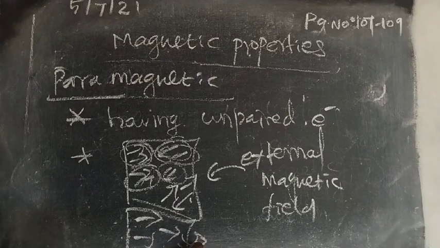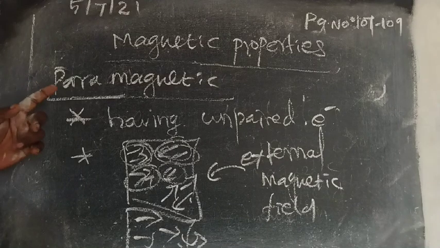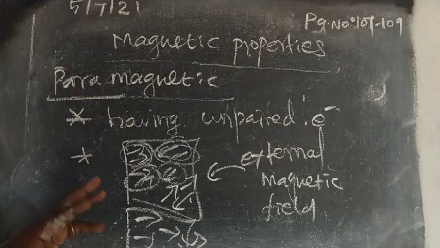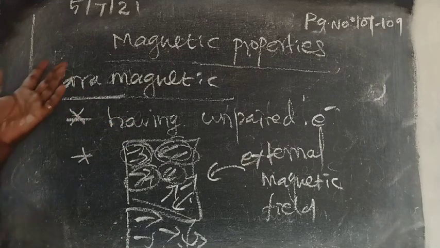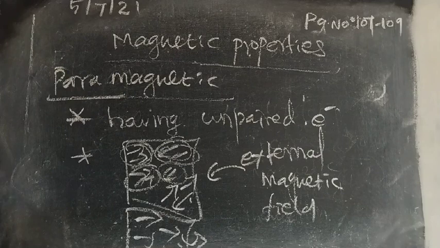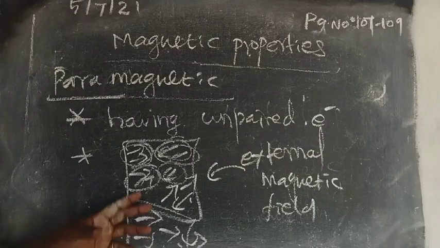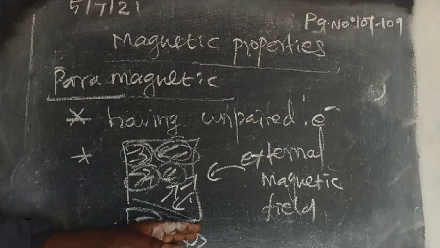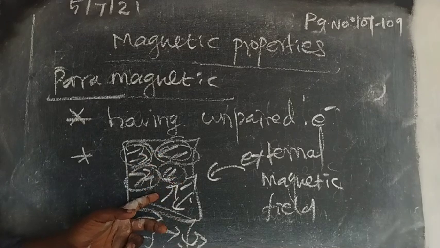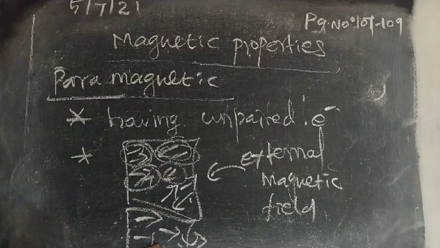Due to that, they are attracted by the external magnetic field. Diamagnetic materials repel the external magnetic field because all the electrons are paired. But paramagnetic materials have unpaired electrons: before applying a magnetic field all are randomly arranged, but if you apply the magnetic field, they arrange towards it, and then they are attracted by the magnetic field.